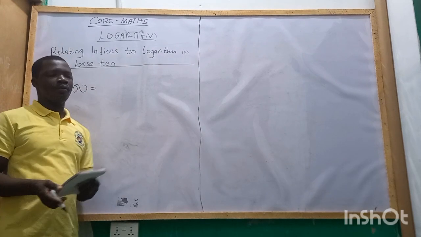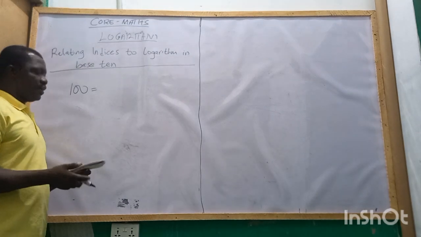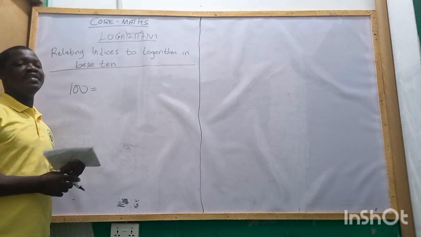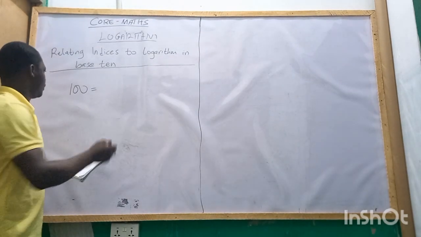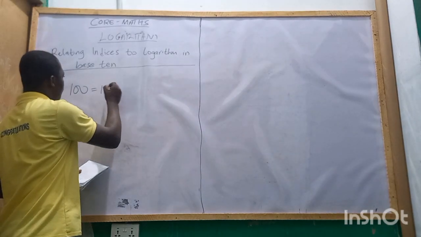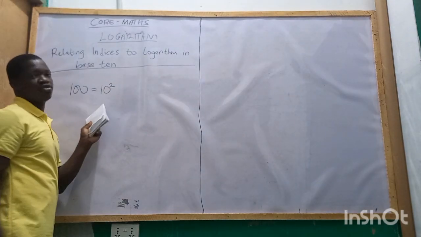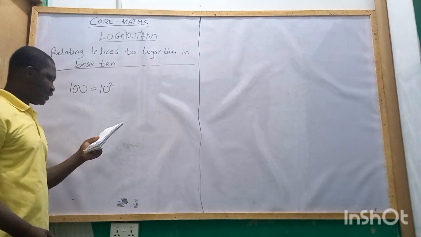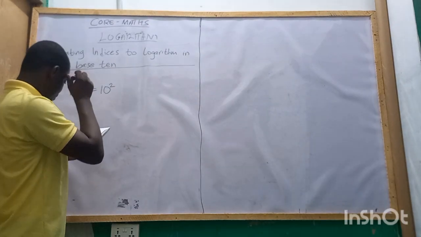If I have 100 and I want to express it in indices form, it will be 10 squared. You know indices, right?